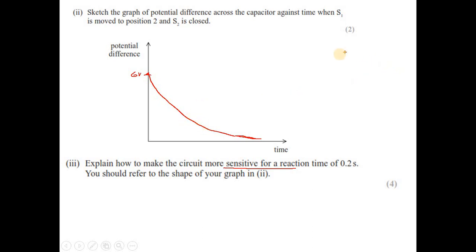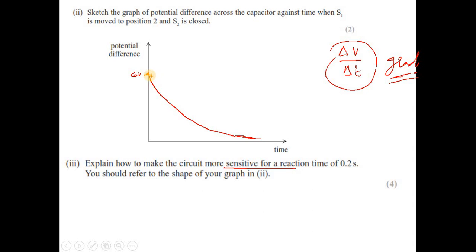That means we need to see how to control delta V by delta T. This is the rate of change of voltage with respect to time, and delta V upon delta T is the gradient of this curve. So how fast the gradient is changing for that curve shows the sensitivity. So if you need to make your circuit more sensitive, that means the gradient should be higher.